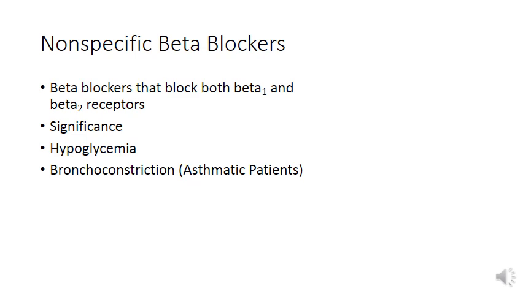Also, blockade of beta 2 can lead to bronchospasm, especially in asthmatic patients. So non-selective ones are not recommended for asthmatic patients or for diabetic patients treated with insulin or other oral hypoglycemic drugs. This is the significance of this classification: cardioselective or non-selective beta blockers.